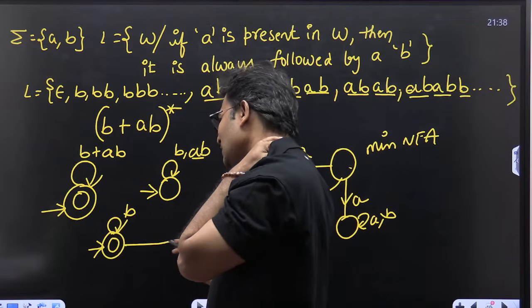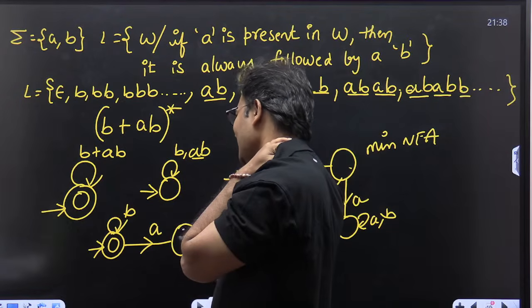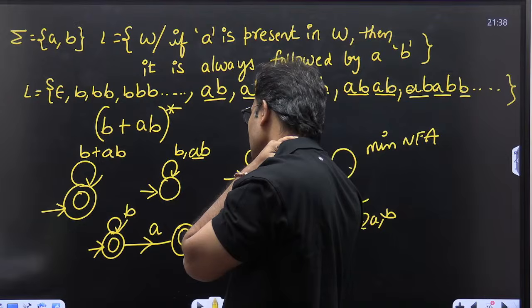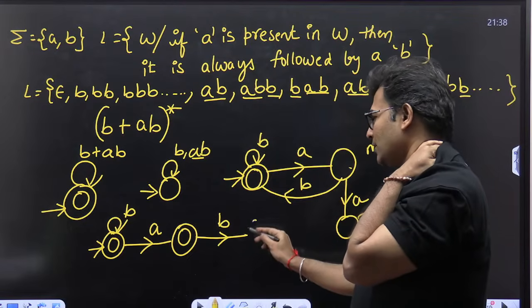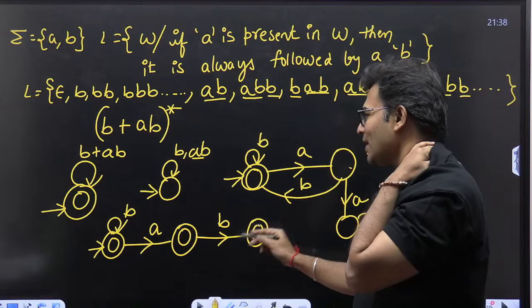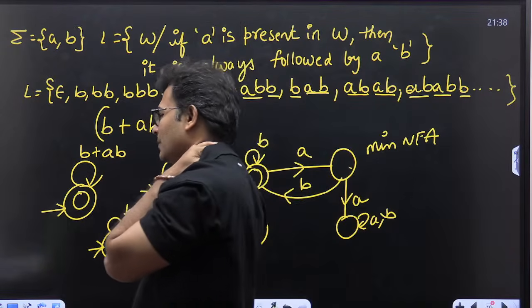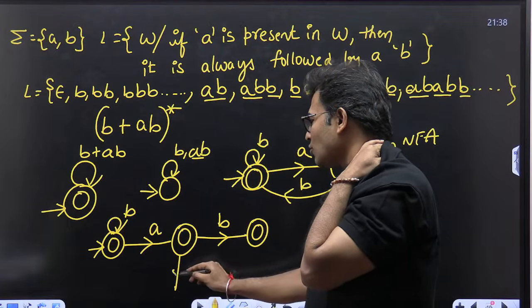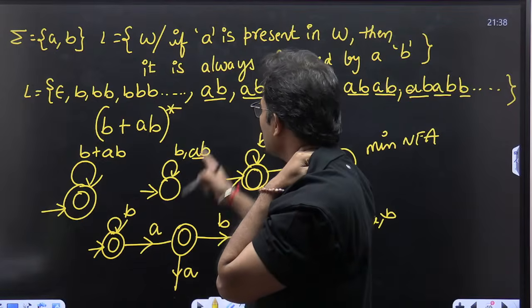Now what is the only condition? A may come, that's fine, I will accept it, and A may be followed by a B. A has to be followed by a B, right? If A is followed by a B, I will accept it. But if A is followed by an A, okay, A is not accepted, right?